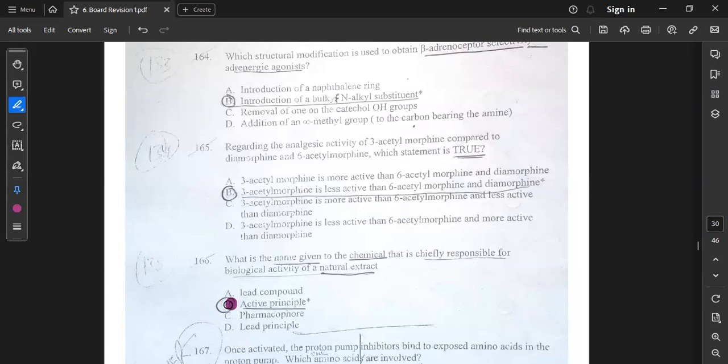An active principle and a lead principle.